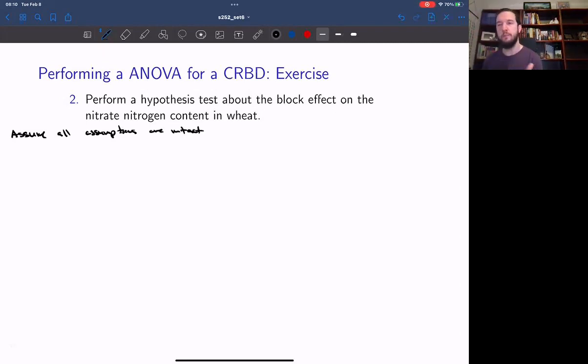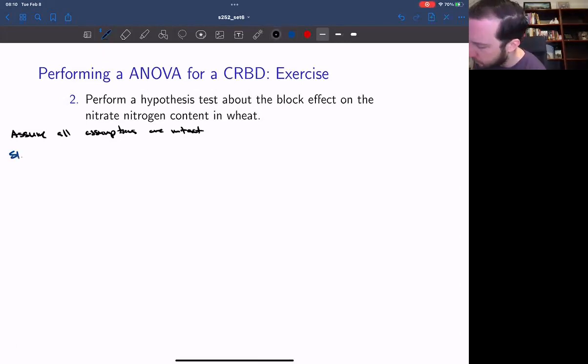And these are the same assumptions for the hypothesis test about the treatment. So everything that comes out of the CRBD, whether it's a hypothesis test for treatment, for block, or a multiple comparison, they're all going to use the same assumptions. Okay, and then we would proceed in the usual way.